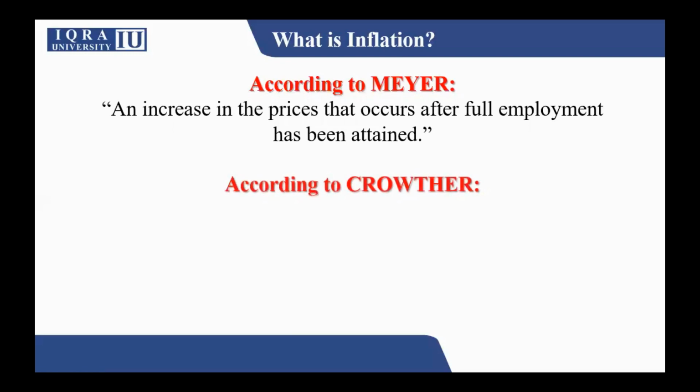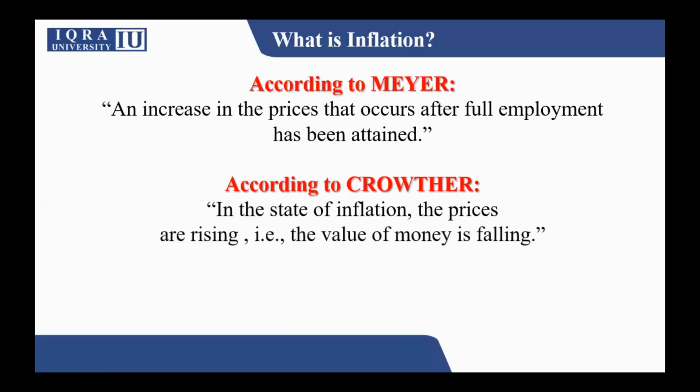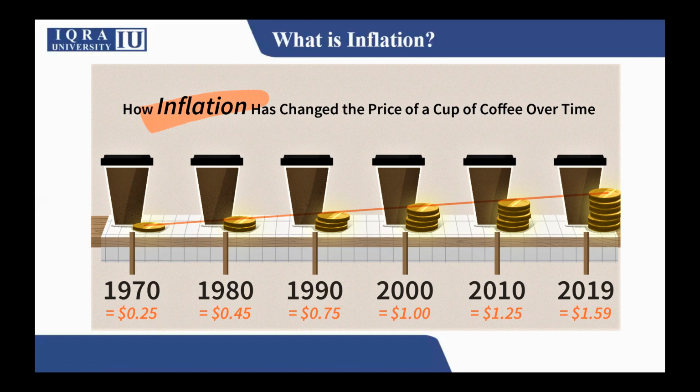According to Crowther, in the state of inflation, the prices are rising such that the value of money is falling. So Crowther creates a relationship between pricing and the value of money.